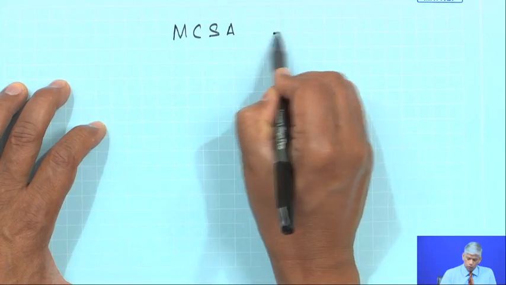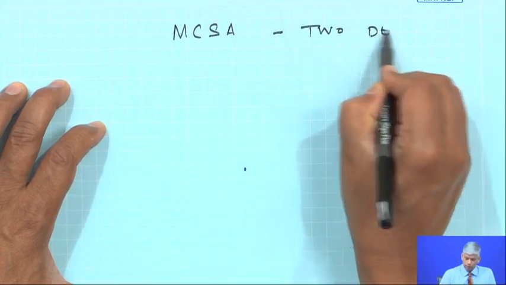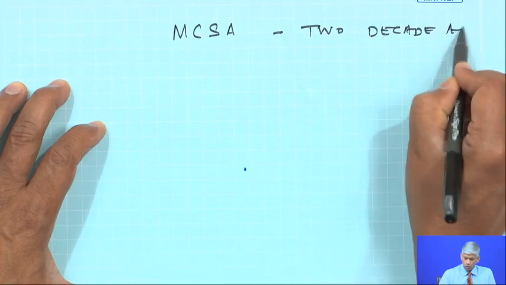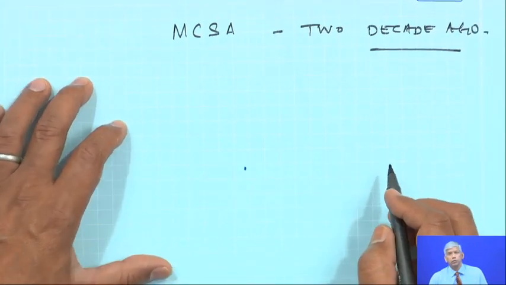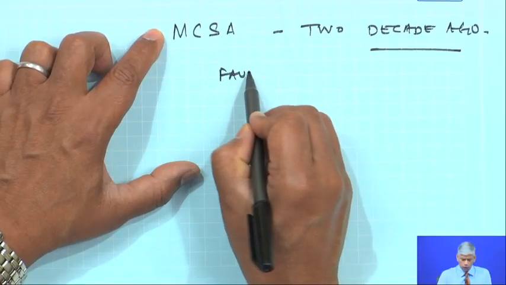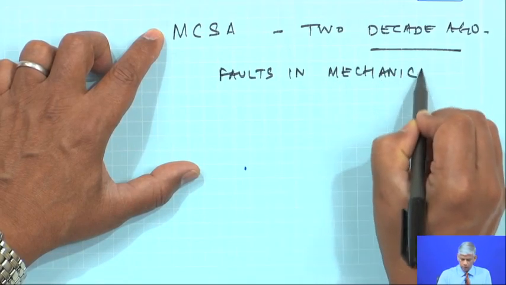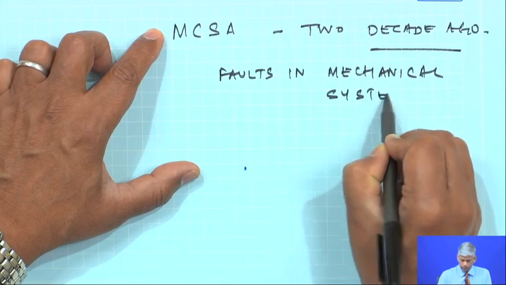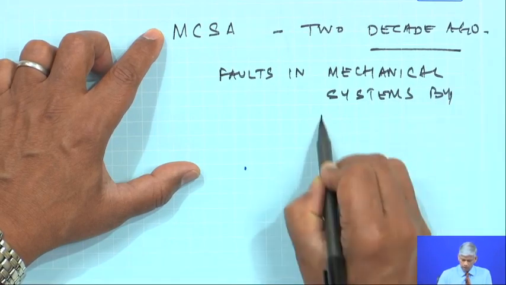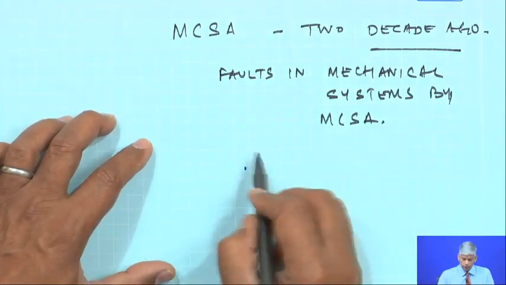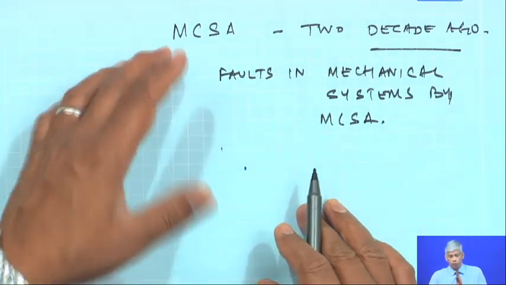And these are actually the remaining 20% throughout the world. And I must tell you, because of our research at IIT Kharagpur on motor current signature analysis close to 2 decades ago, I will proudly say that we are the first in the world to come up with this MCSA technique to find out faults in mechanical systems by MCSA, and now we have a patent on it, and you can go to my website to know the details.